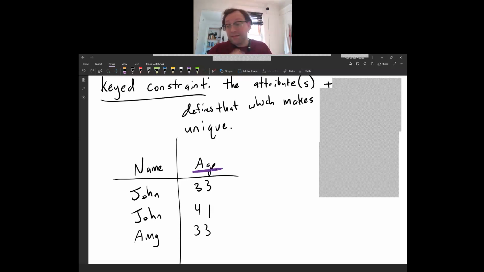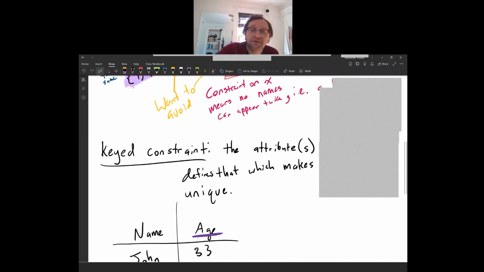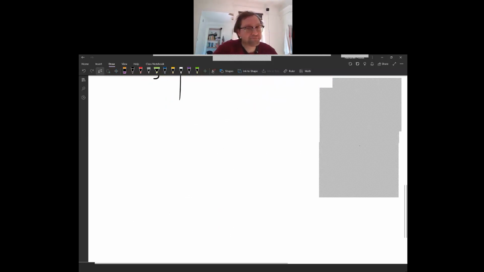If it's name and age, then they're unique. You can have many people with the same name so long as they're not the same age. You can have many people the same age so long as they have different names. Okay.